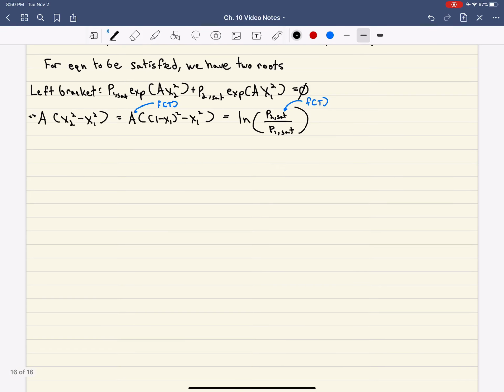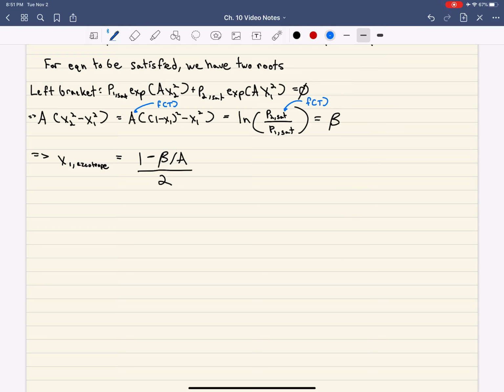And so, really, if we solve for this, what we get is that x1 azeotrope is just equal to, if I call this ratio here beta, which is a function of temperature, our azeotrope composition would just be 1 minus beta divided by A over 2.